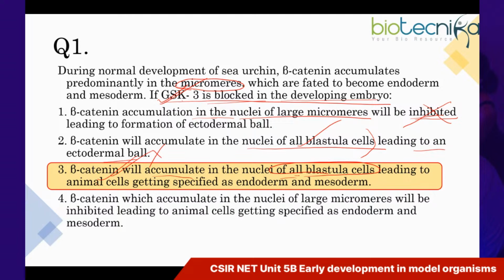Because of beta-catenin in the nuclei of all blastula cells, all the animal cells will get specified as endoderm and mesoderm. Again, the fourth is saying it will accumulate in nuclei of large micromere will be inhibited, not correct. Okay?